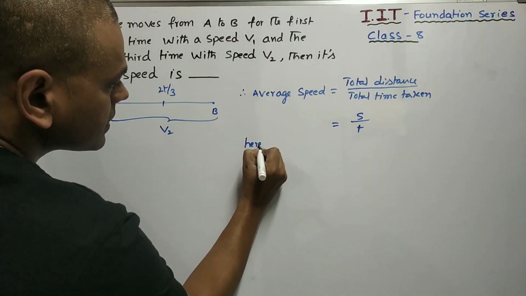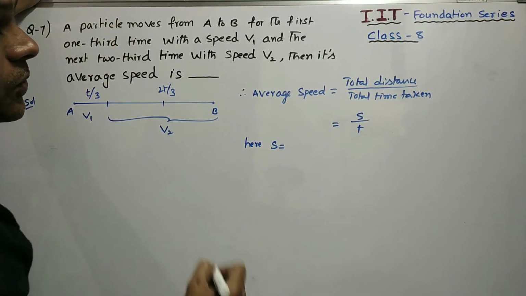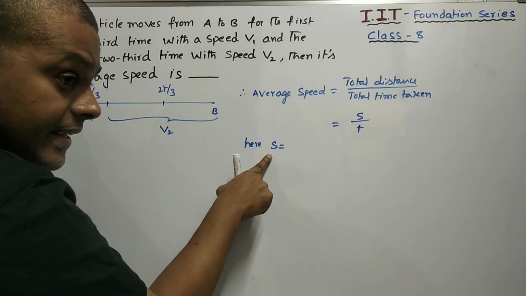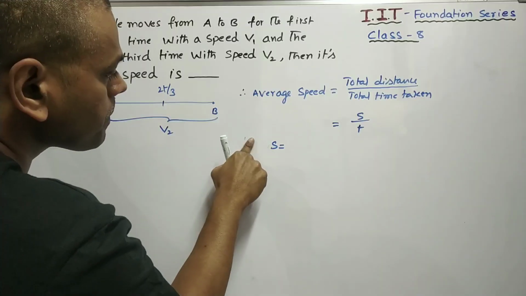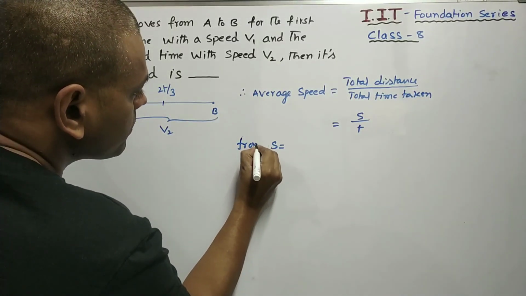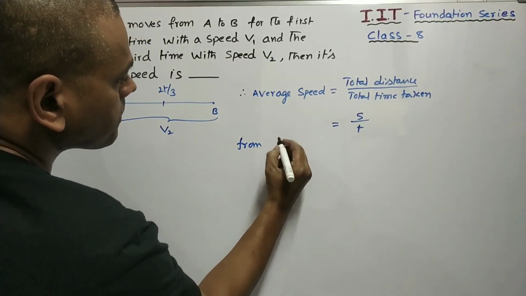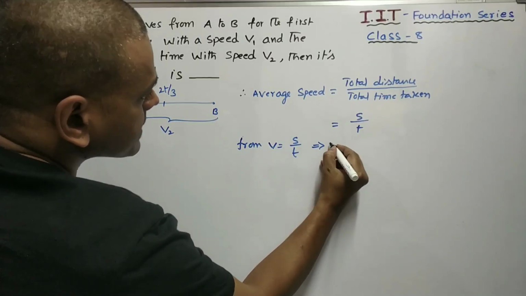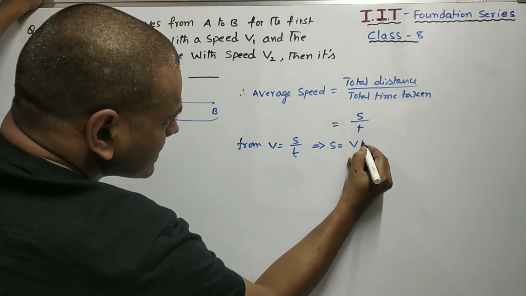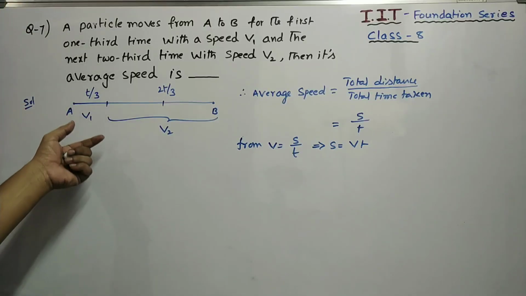Here s is not given, so s may be taken in terms of velocity and time. Why? Because from the definition, speed is equal to distance by time. That implies distance is equal to velocity into time, isn't it?